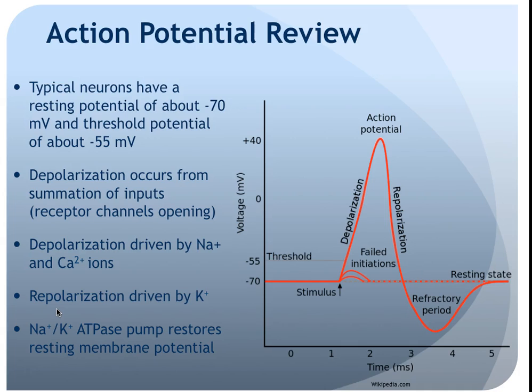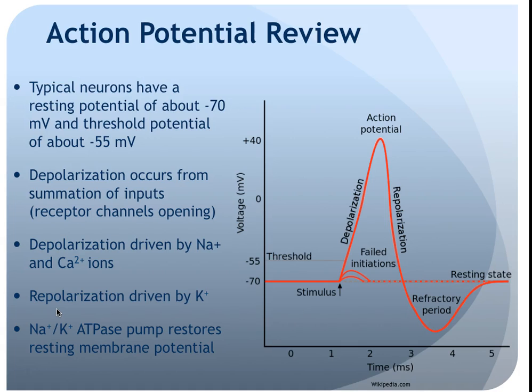Potassium's another one, and we have chlorine, a big one that's a negatively charged ion. Depending on which way these things move, it's going to either increase or decrease how negative or positive the potential is.